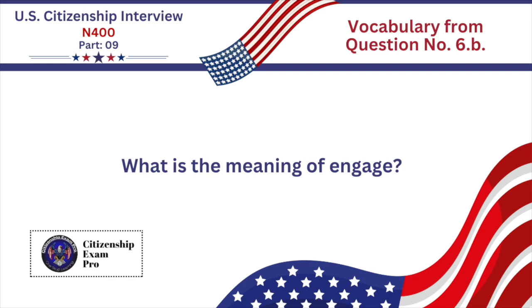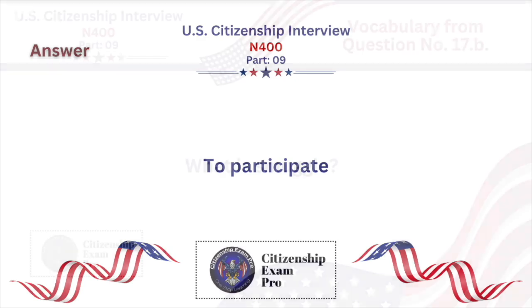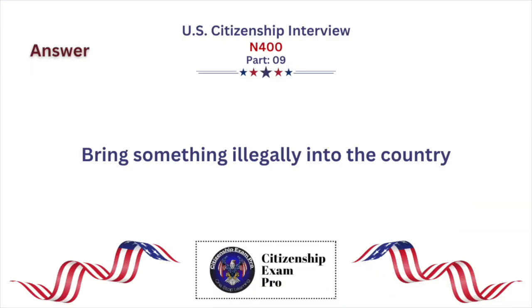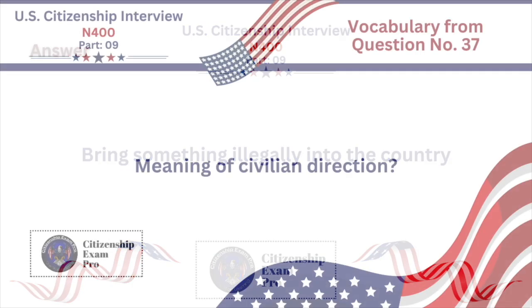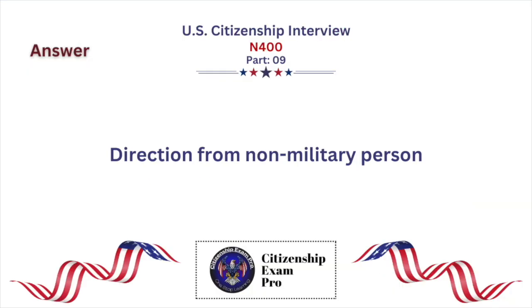What is the meaning of engage? To participate. What is smuggle? Bring something illegally into the country. Meaning of civilian direction? Direction from non-military person.